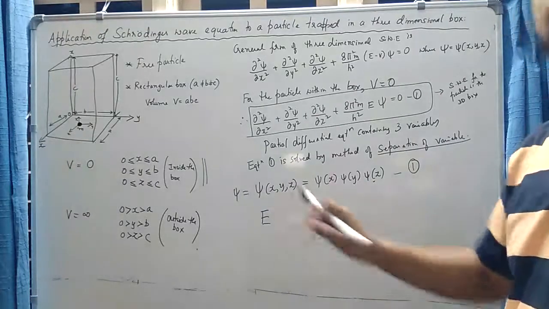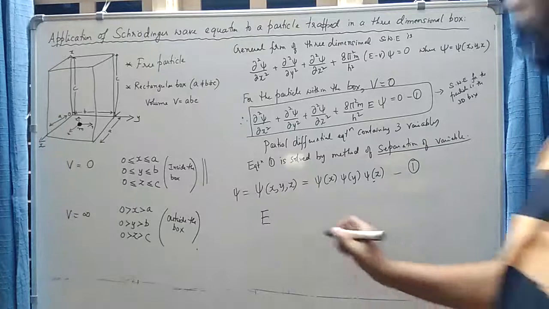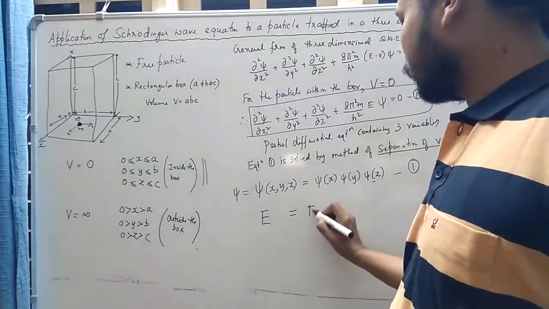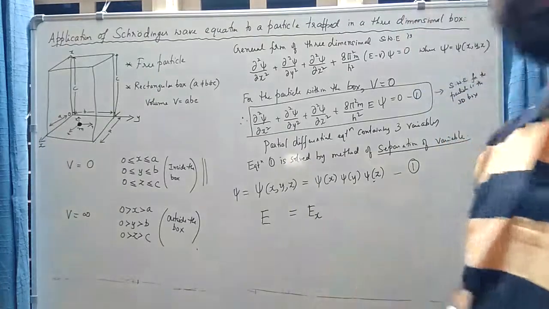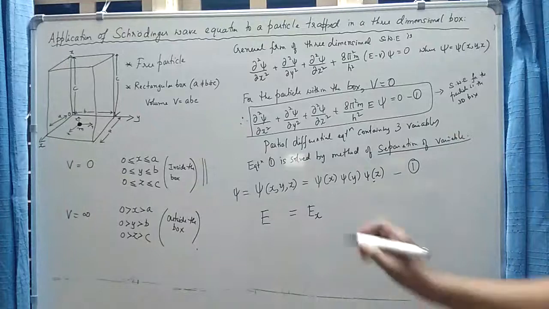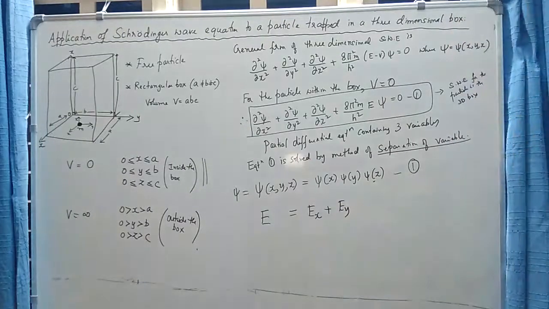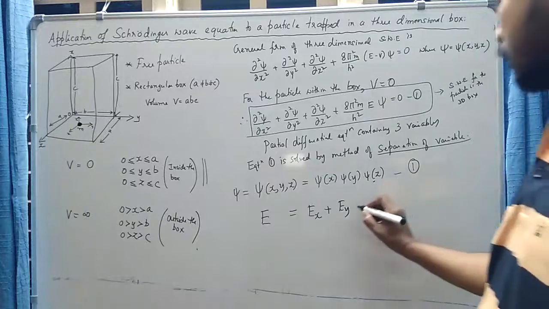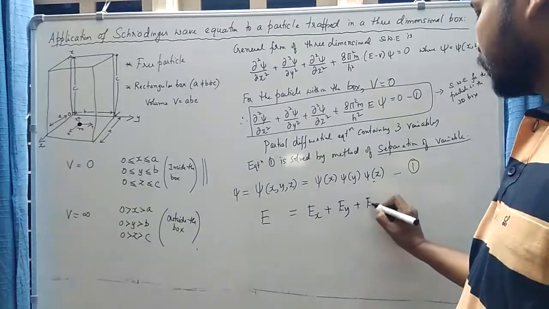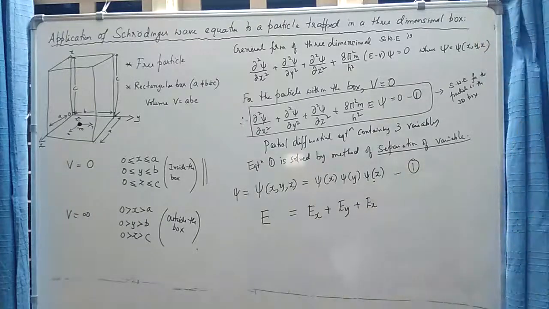So the total energy of the particle can be written as the sum of Ex, the energy of the particle due to its motion along the x-axis, plus Ey, the energy due to its motion along the y-axis, plus Ez, the energy due to its motion along the z-axis.